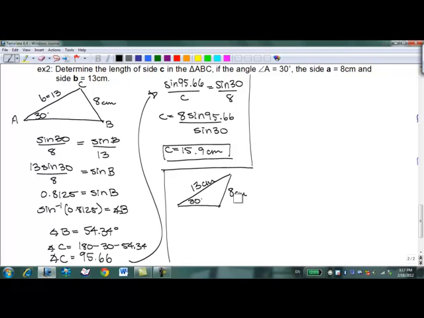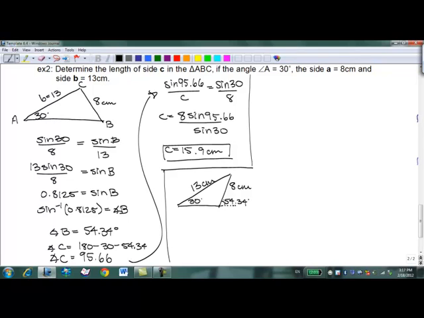So let me redraw that 8 centimeters a little bit out of the way here. We solve this the same way, and we still find 54 degrees for angle B. What that tells us is that this angle in here, the supplement of that, is what we need to remember.